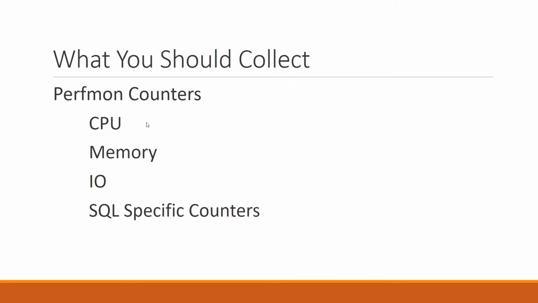There's a whole slew of counters you can get. One tool I'm going to show you puts them in a table, and then you can edit them, put extra ones in and take ones out, and determine which ones you're collecting. Another tool just collects them all for you, and you don't worry about it. It just all depends on what you need.